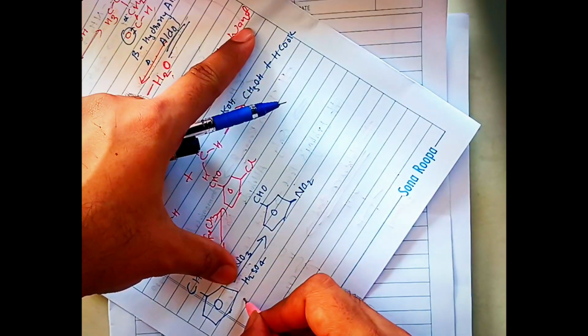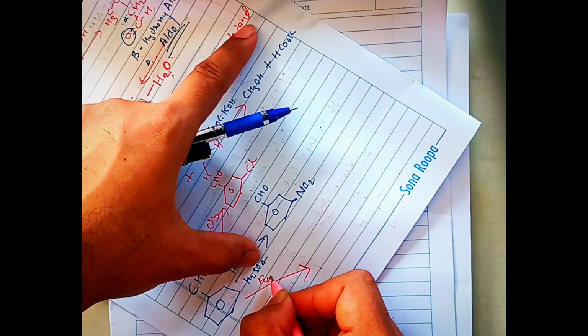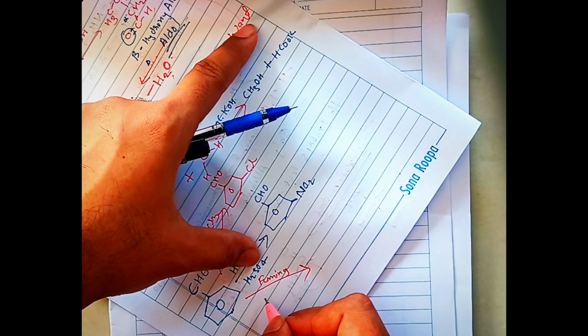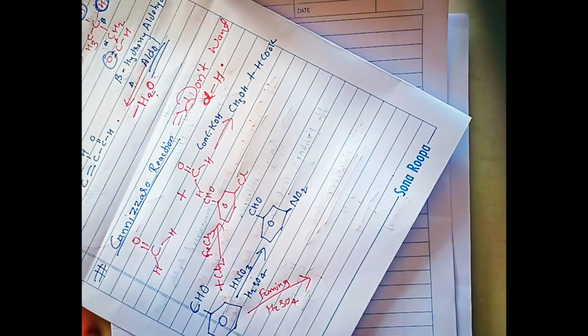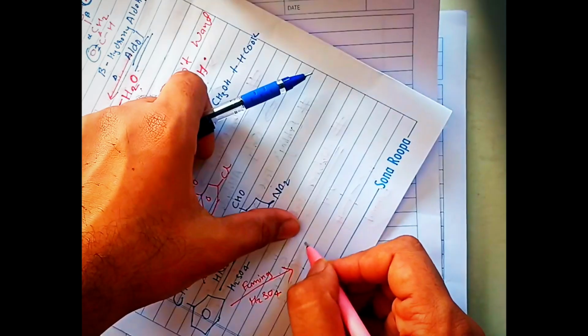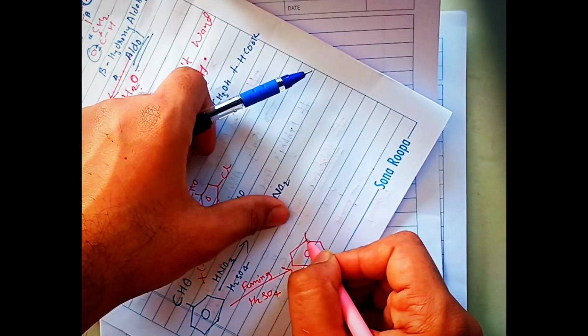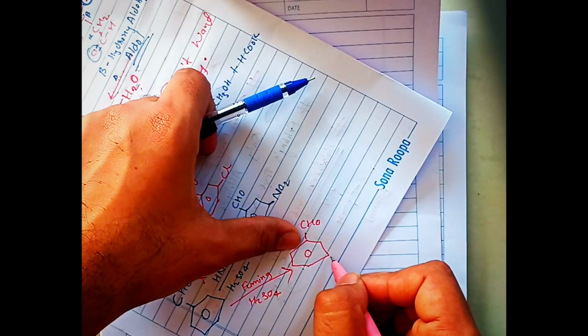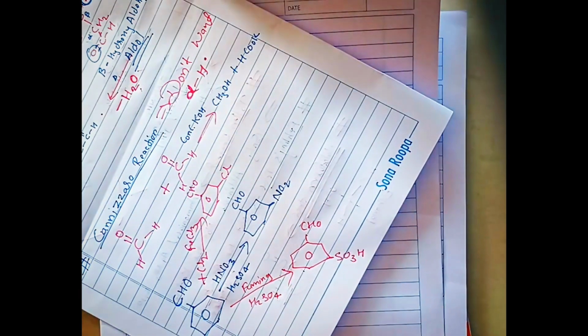Then for sulfonation, I will add fuming H2SO4, means strong H2SO4. I will get the sulfonation product, CHO with SO3H.